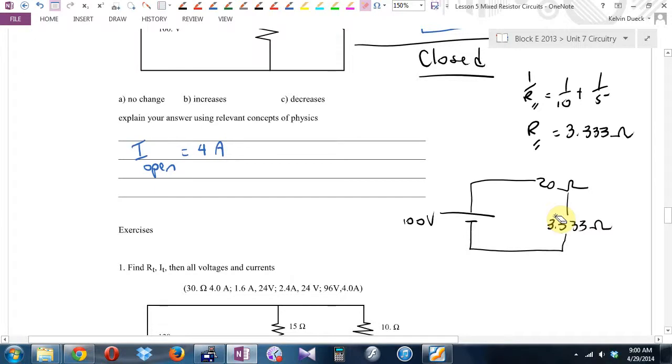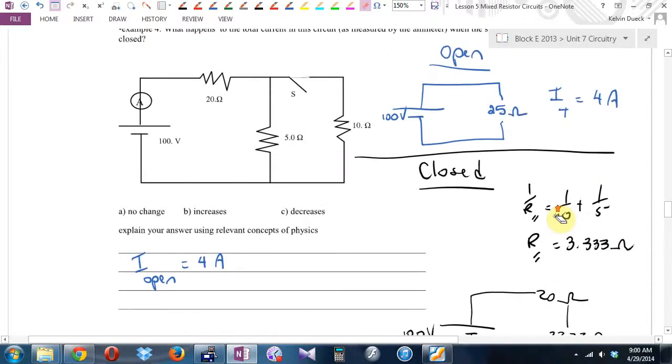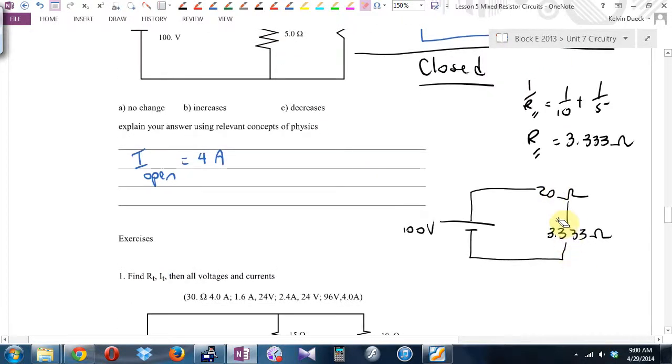But if I add a resistor in parallel, even though you've added resistance, total resistance gets smaller. You can see why here with numbers. Even though I've added an extra 10 ohms, it became a smaller mathematical equivalent than the 5 by itself.